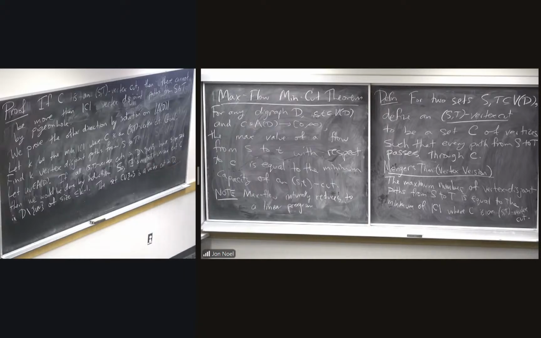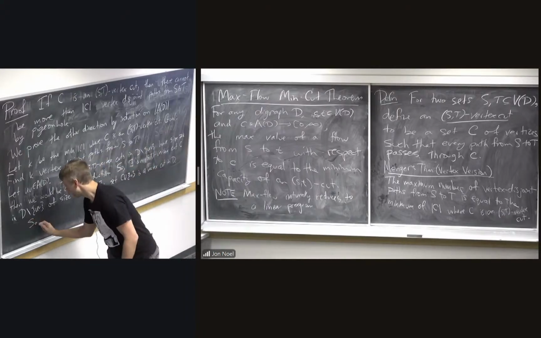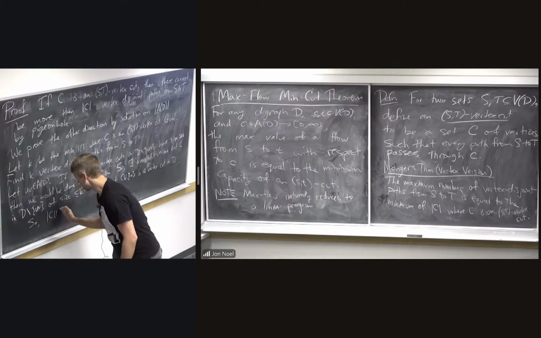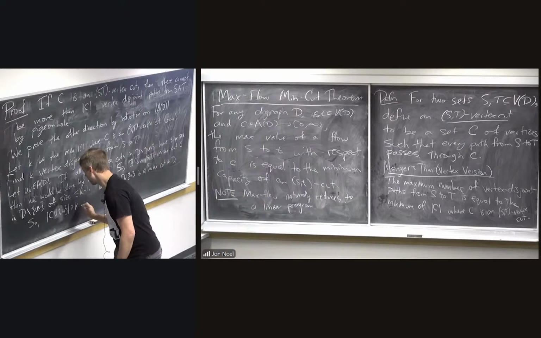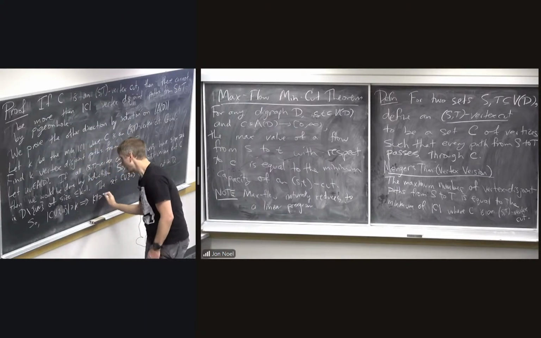Because like I said, if you take a path from S to T in D, either it doesn't use this arc, in which case it must go through C, or it uses the arc and then it uses the vertex U. So the size of C union U must be at least K, which implies that the size of C is at least K minus 1.